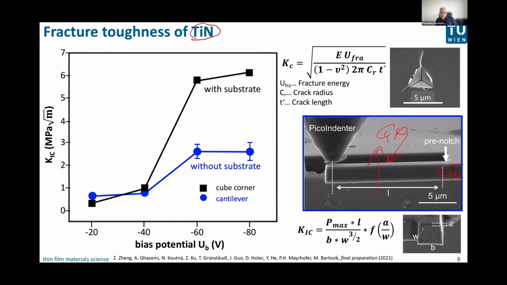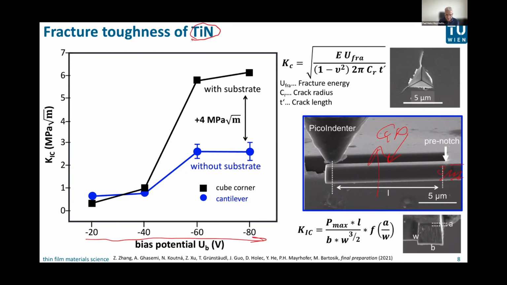If we would measure our material on the substrate, then we see a much more pronounced effect by the bias potential. And the reason is the compressive stresses. If we have a lot of compressive stresses, we all know at the surface compressive stresses are nice, because then they prohibit crack initiation and crack growth, and that is exactly what we observed.